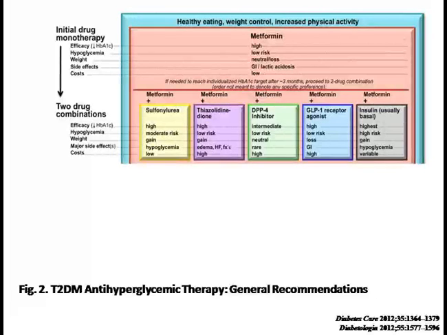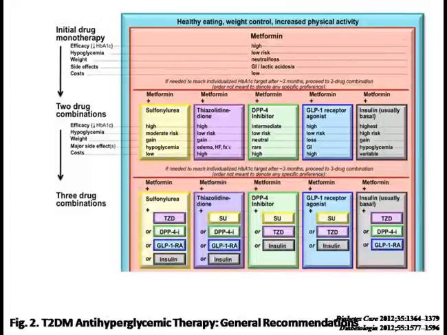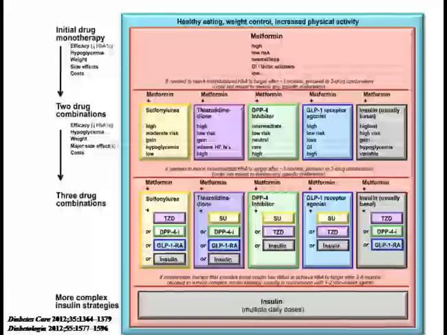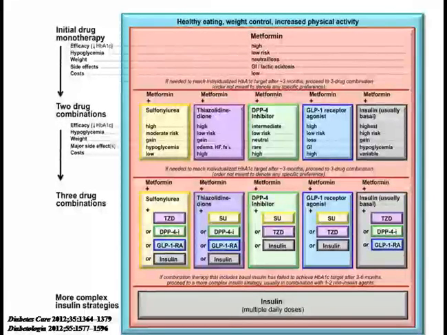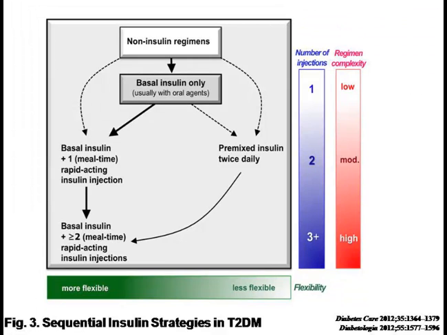And if the person is not able to be controlled on a 2-drug combination, you can go to a 3-drug combination accordingly. And ultimately, if the 3 drugs are not enough, then you are left with no choice except to put the patient on insulin. Now, as far as insulin is concerned, there are 3 or 4 regimens.